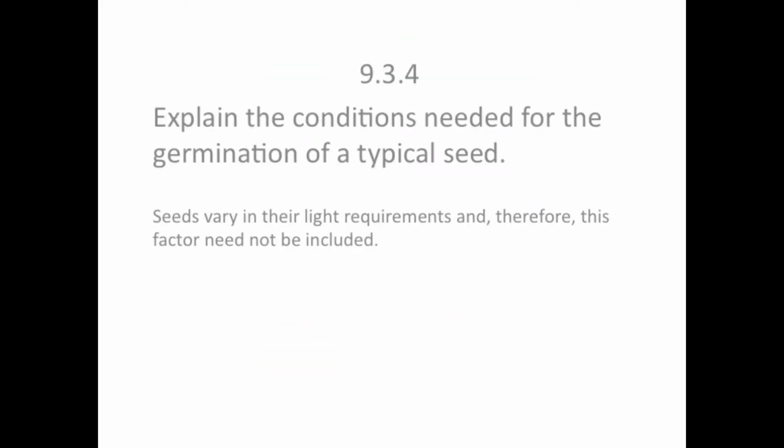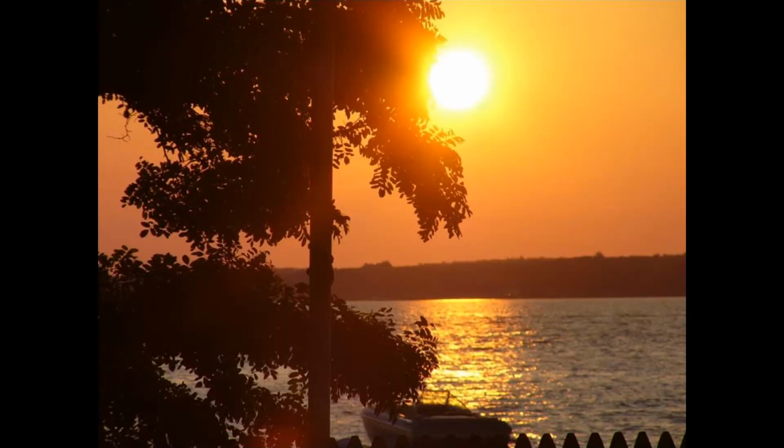Okay, so now we'll move on to IB syllabus detail 9.3.4, which is the conditions required for the germination of seeds. Some of these probably seem obvious. A good amount of water is needed to keep the embryo fully hydrated and maintain hydrostatic pressure.